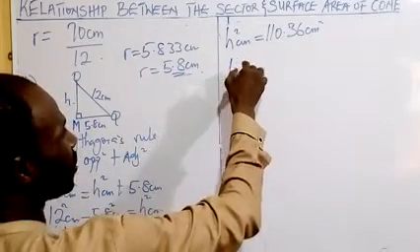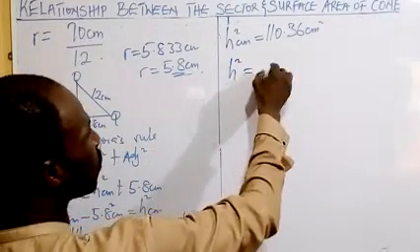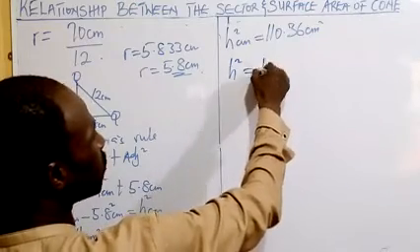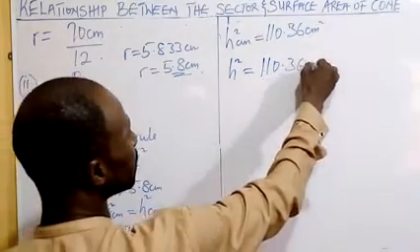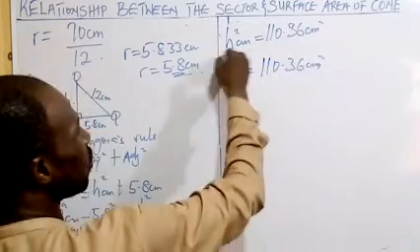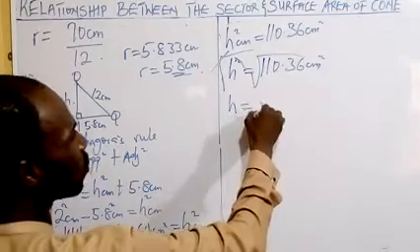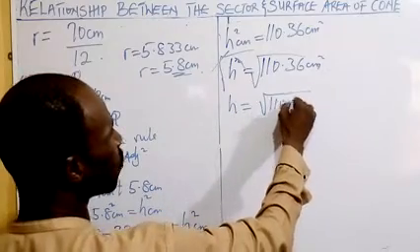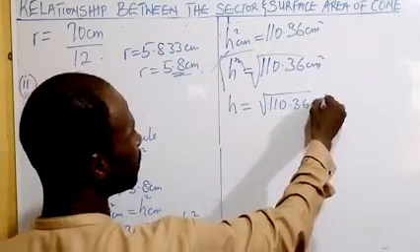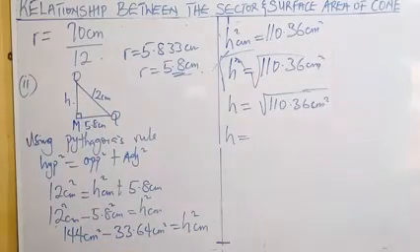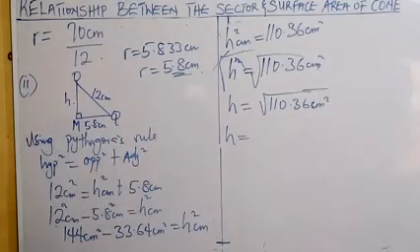That is h squared equals 110.36, we take the square root of both sides. So the square root cancels the square. We have h equals the square root of 110.36 centimeter squared. So the value of our h, the square root of 110.36 equals what?